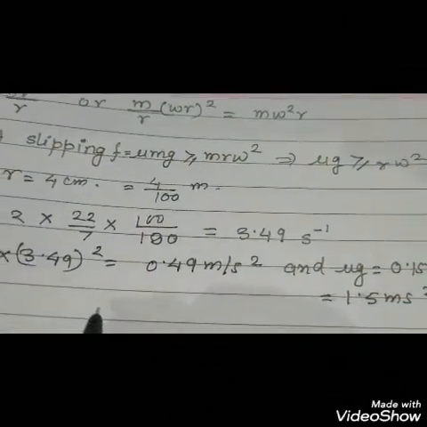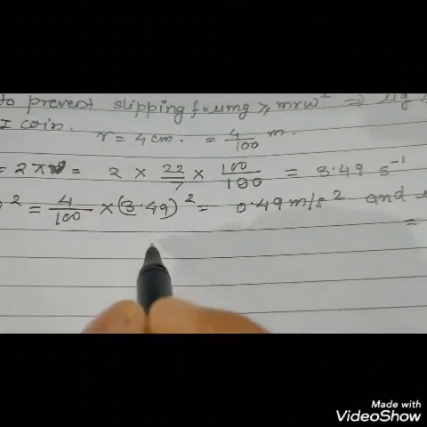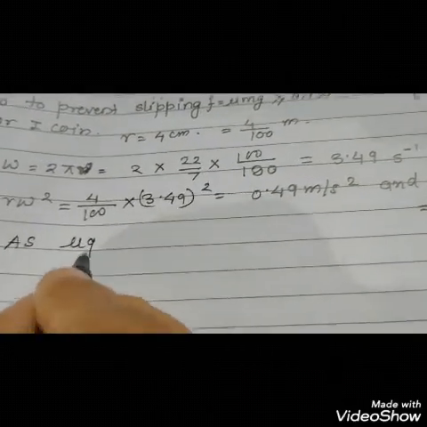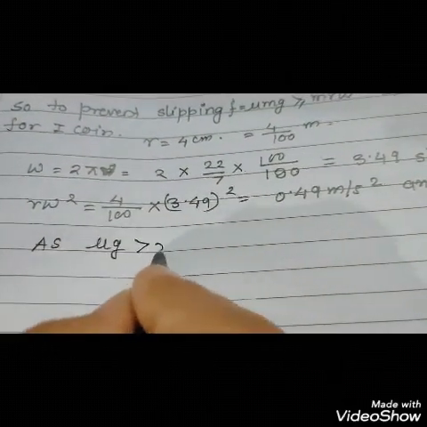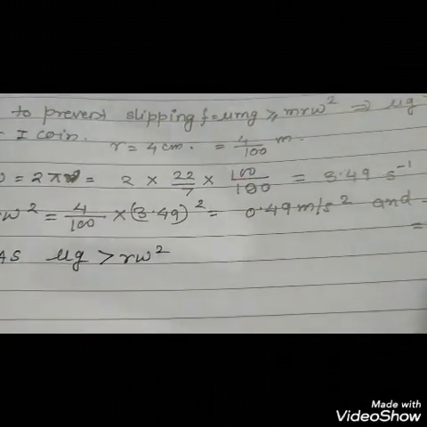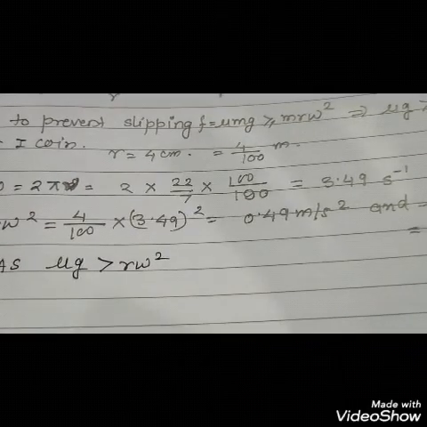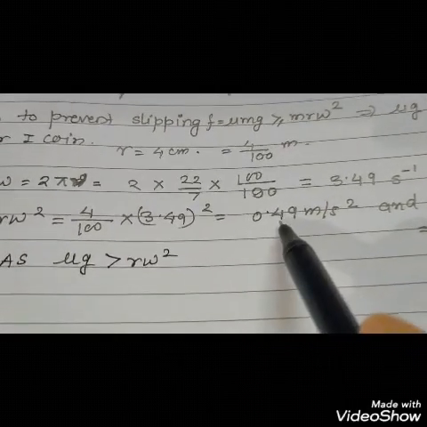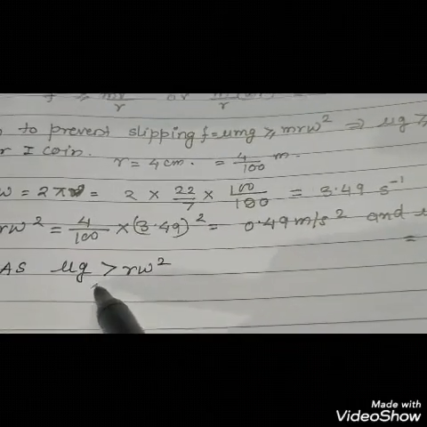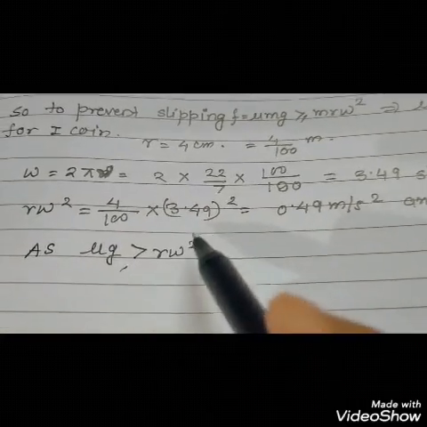Here mu g, 1.5 meter per second square, is more than 0.49 meter per second square. That means mu g is more than R omega square.